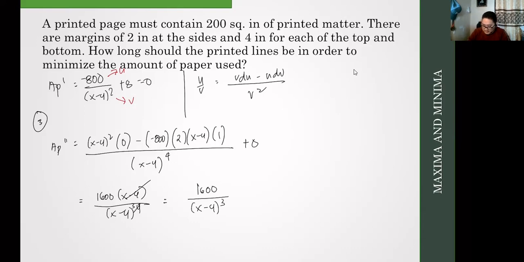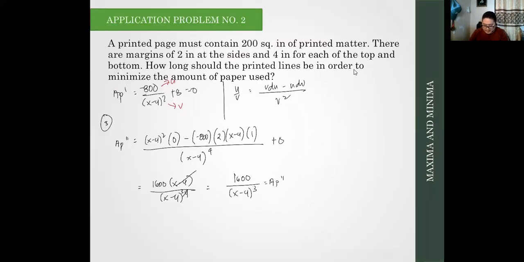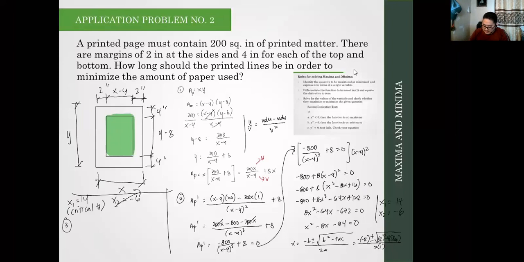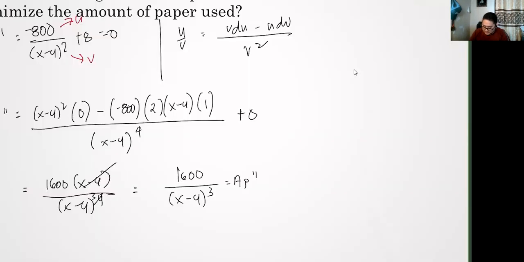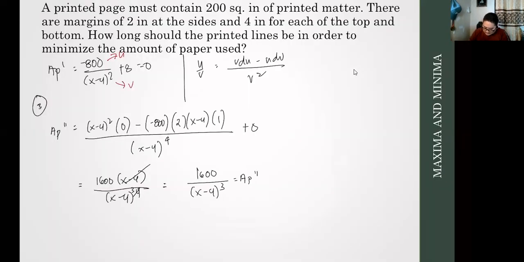Okay? Once nakuha natin yung second derivative, sa-substitute natin yung critical number natin. So yung critical number natin dito is yung 14. Okay? Substitute natin yung 14. So 1,600 divided by 14 minus 4 cube.